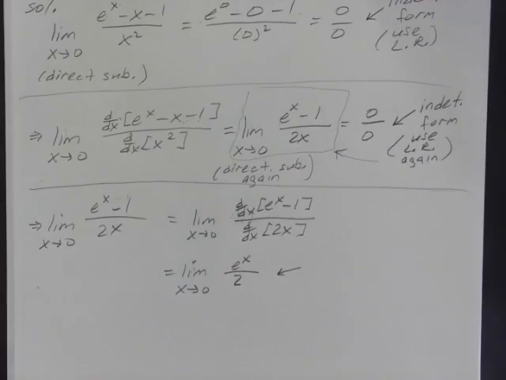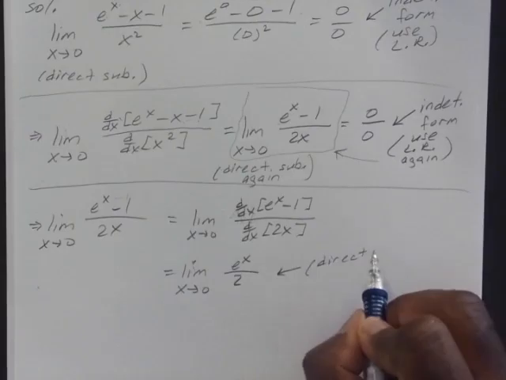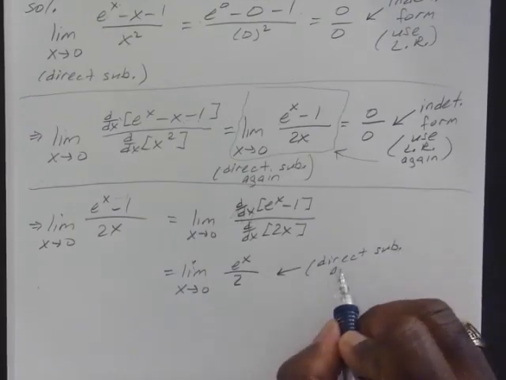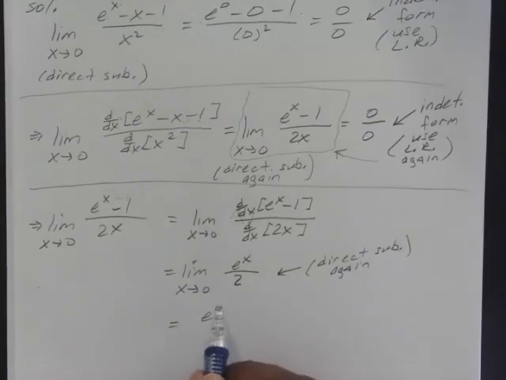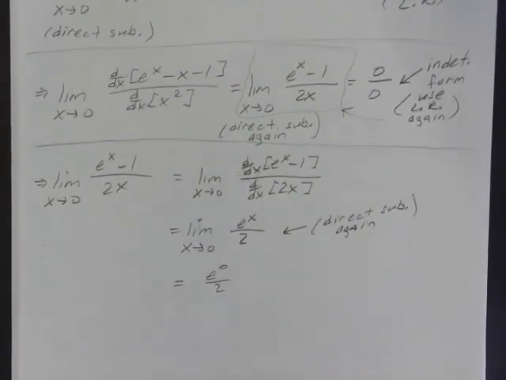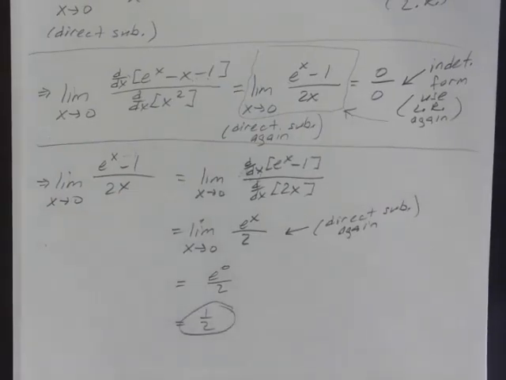So again, after we apply L'Hopital's rule, we try direct substitution again, which gives us e to the power of 0 over 2, which is equal to 1/2. So we know that the limit of (e to the power of x minus 1) over x squared is just 1/2.